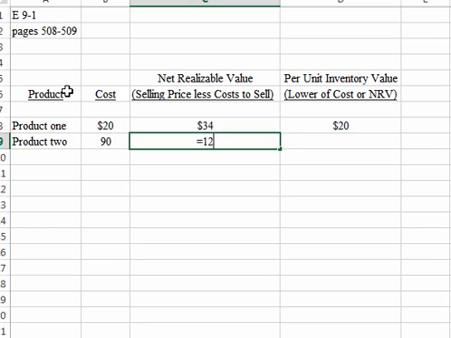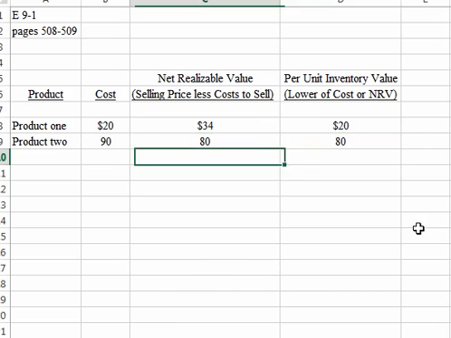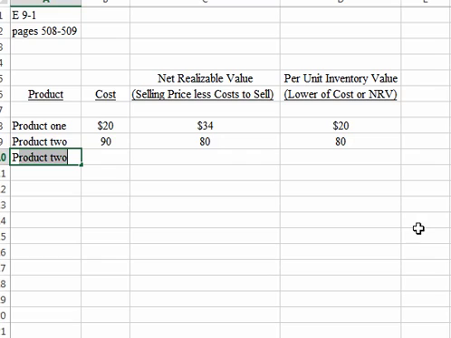Selling price is $120 minus cost to sell of $40. So the net realizable value is $80, and cost is $90. Net realizable value is less, so we're going to report that one at $80, net realizable value rather than cost.